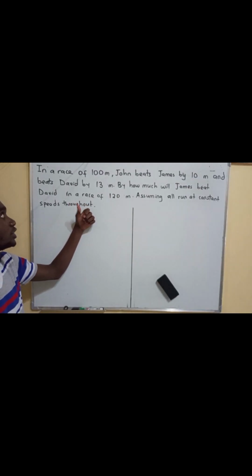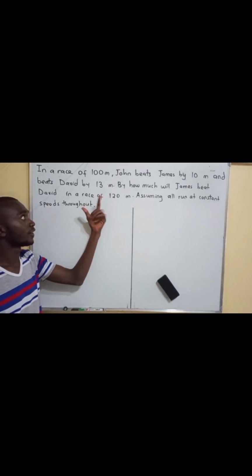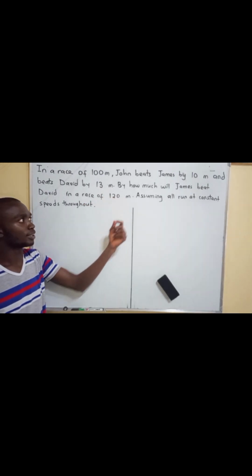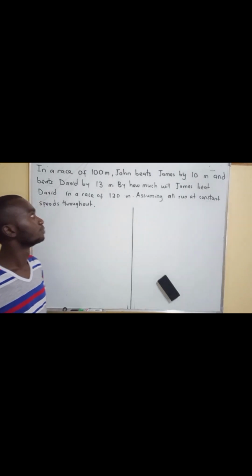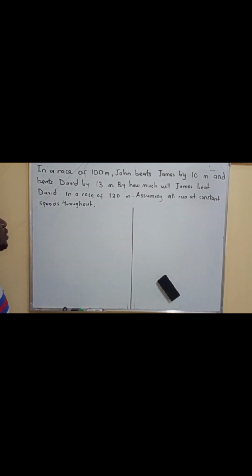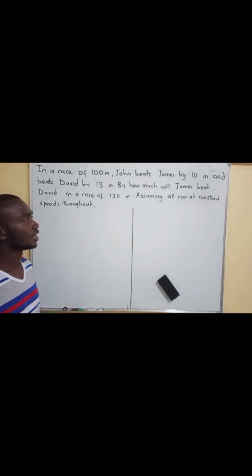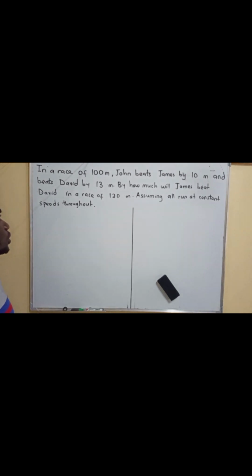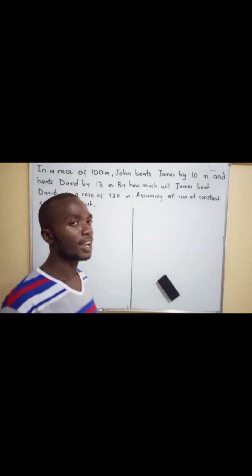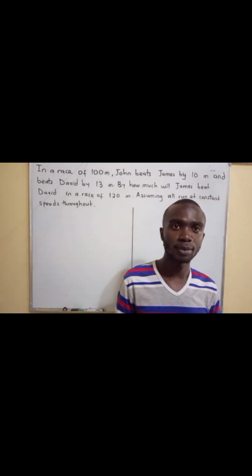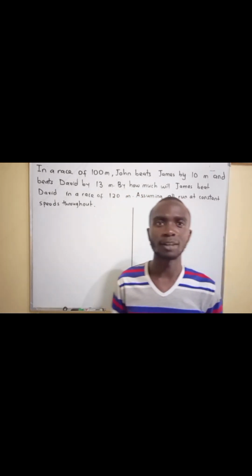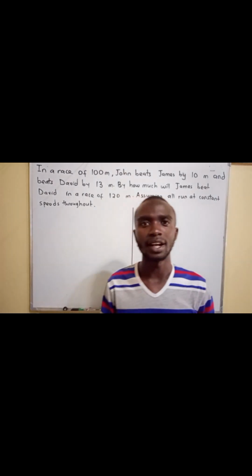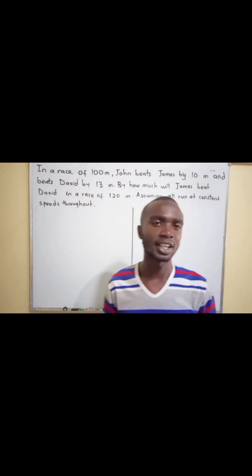John beats James by 10 meters and beats David by 13 meters. By how much will James beat David in a race of 120 meters, assuming all run at a constant speed throughout? So we have someone who covers a total of 100 meters. Another individual covers 10 meters less than the person who has covered the total distance. Another individual covers 13 meters less.